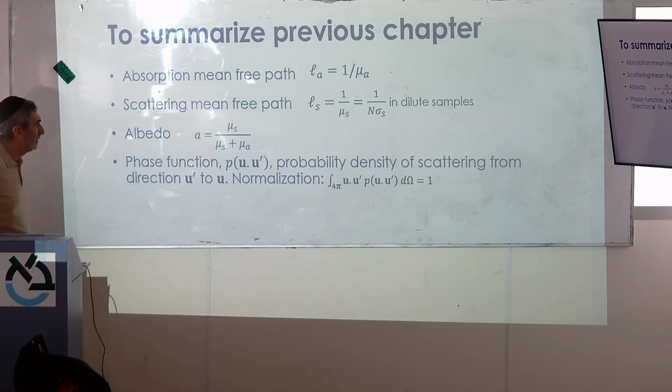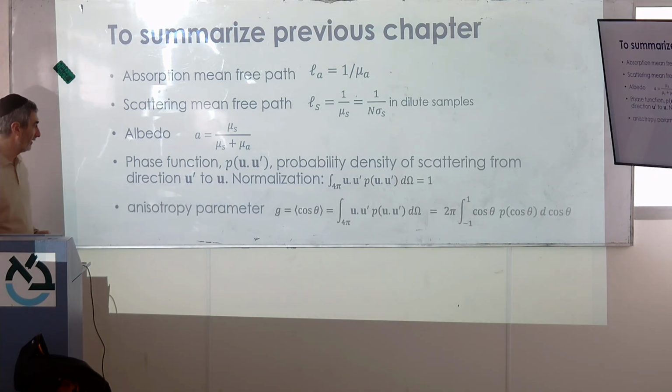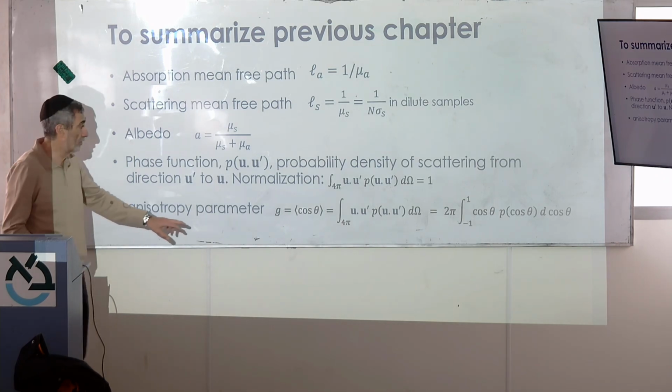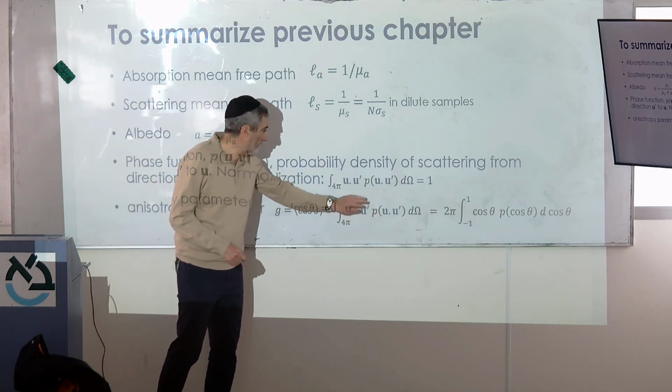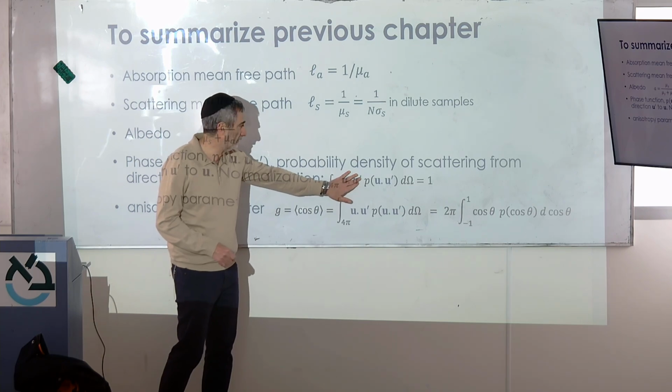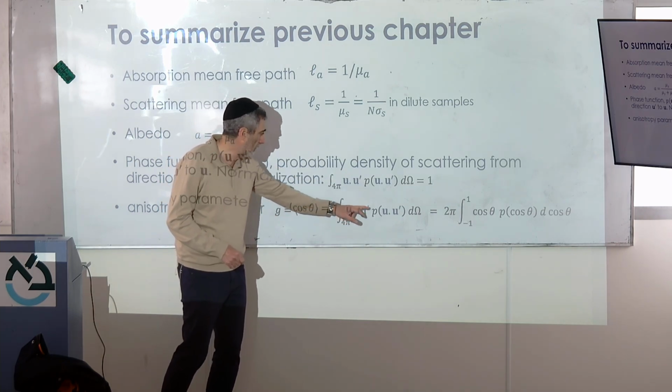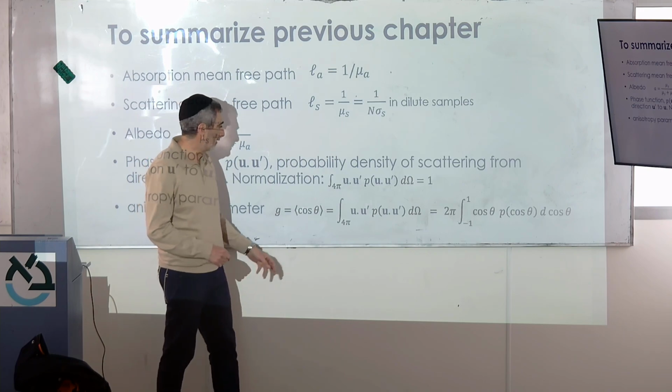So P describes the scattering diagram due to the medium, not only to one scatterer but for the complete system, all the scattering medium. And what was important, and I think that's my mistake here, is that we define what is called the anisotropy parameter, the small g here, which integrates u u prime times P, so that's why here it was a mistake. By multiplying by this quantity, you get g here.